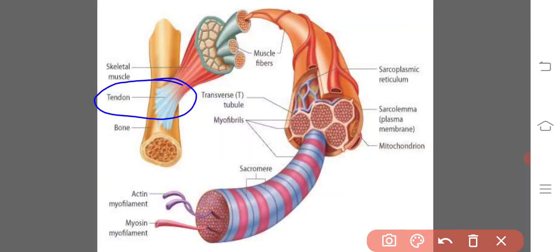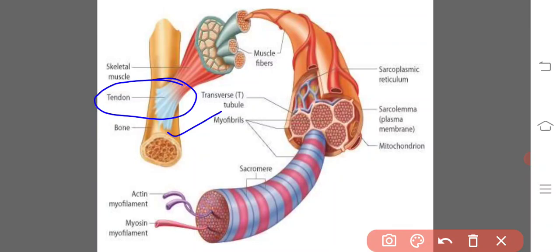Both the tendons and the aponeurosis attach skeletal muscle to the bone. Where they contact the bone, the collagen fibers extend into the bone matrix, providing a firm attachment. As a result, the contraction of the muscle pulls on the attached bone.